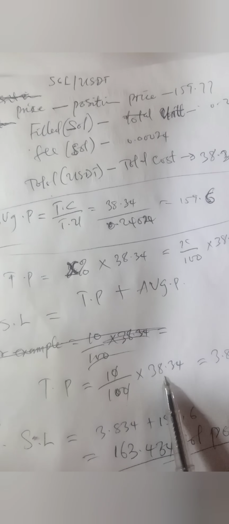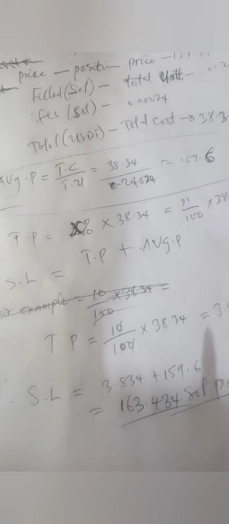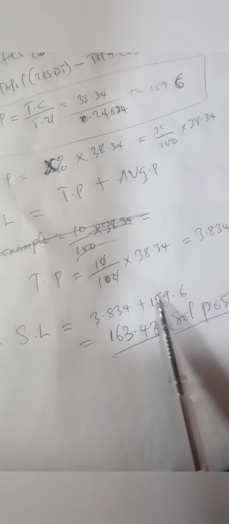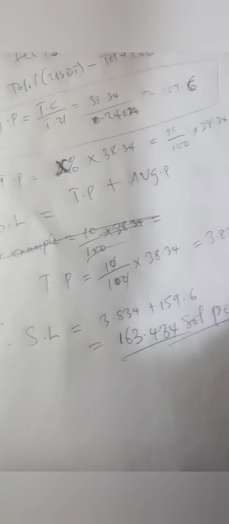So 10 over 100 times the total cost will give you this USDT. Therefore, your selling price is your take profit, which is this, plus the average price, which is this.